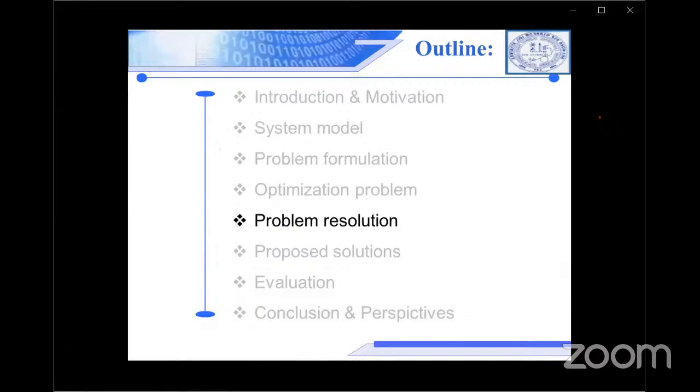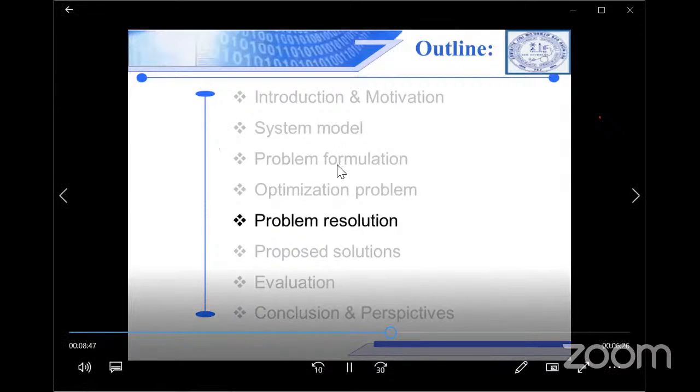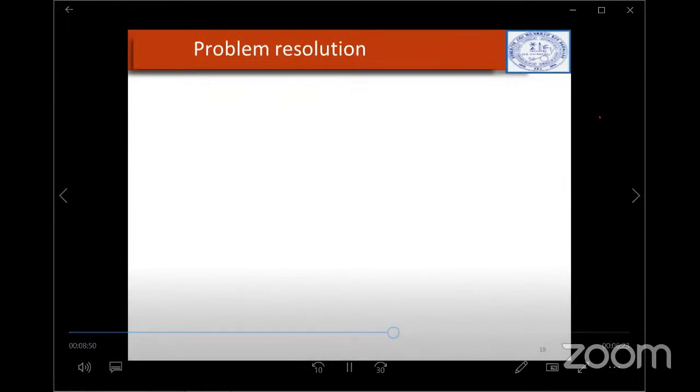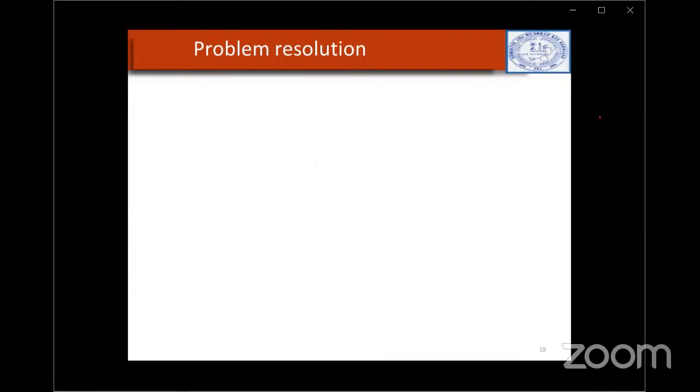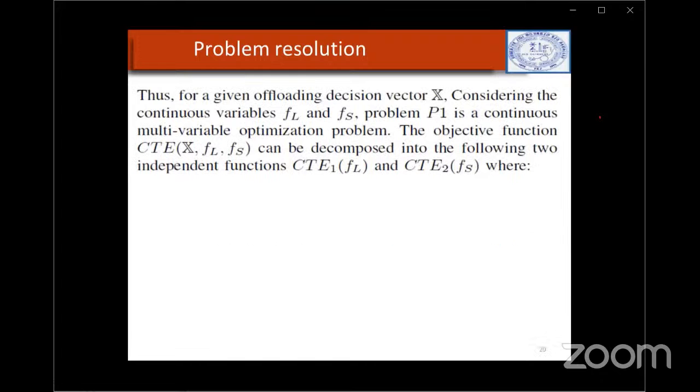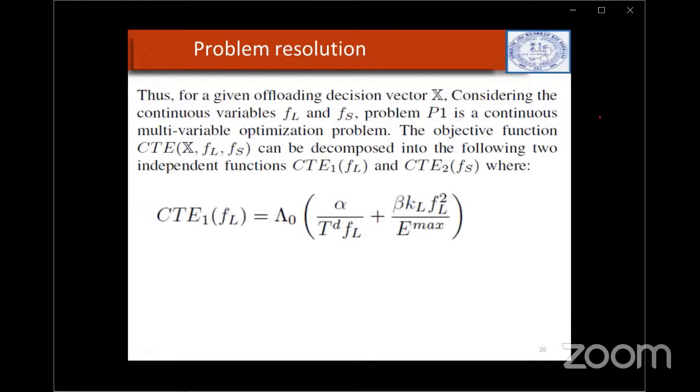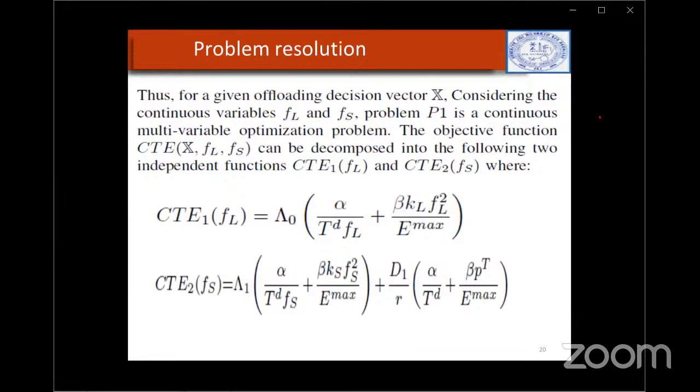Now I will present how we could resolve this problem. To resolve this problem, we use the following notations: A0, C0, and lambda 0. Then problem P1 is decomposed into the following two problems: CTA1 and CTA2.